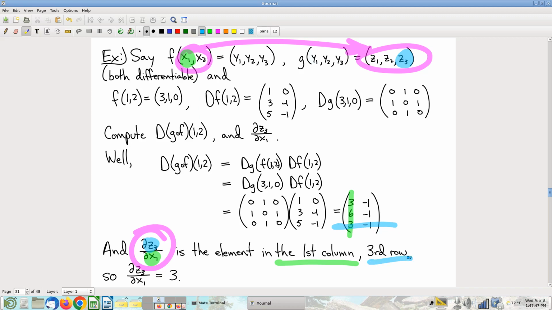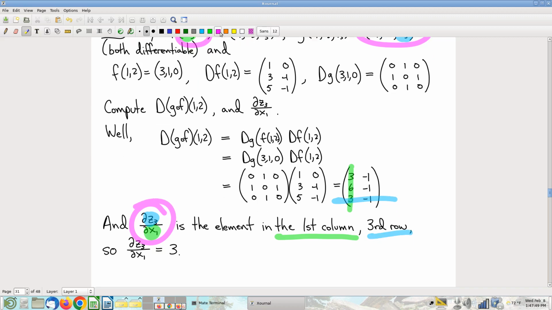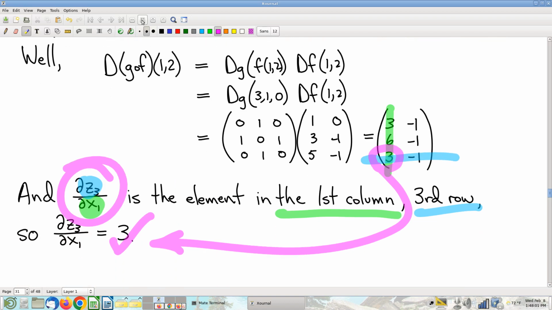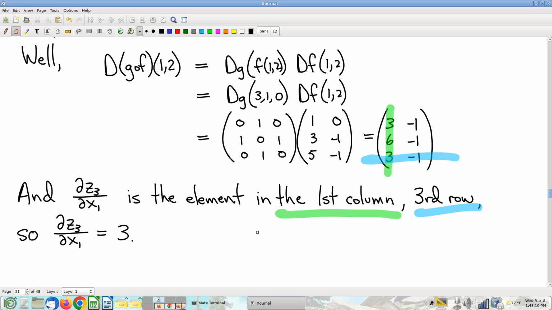So altogether then, this partial derivative we're looking for has got to be that entry right there, and therefore it's 3. Let me zoom in a little bit more so we can see a little bit better. There we go. Okay, does everybody follow? Everybody with me? Okay, so moving along then.